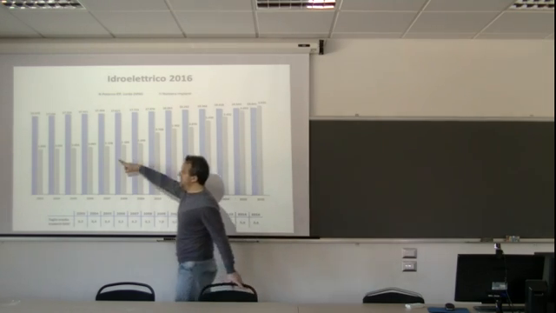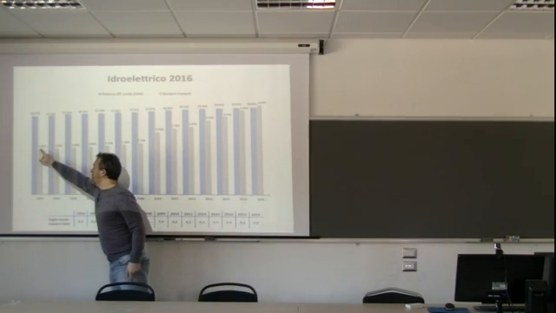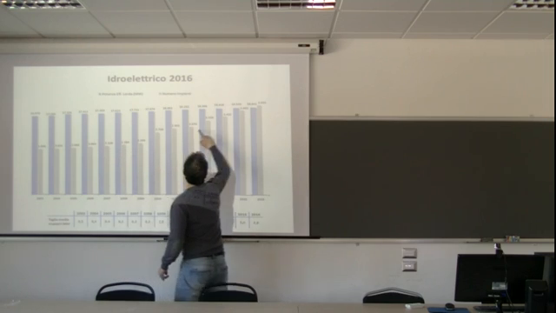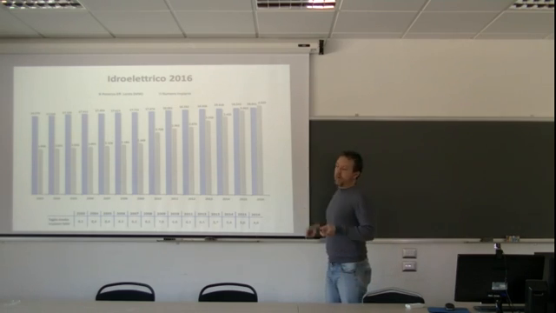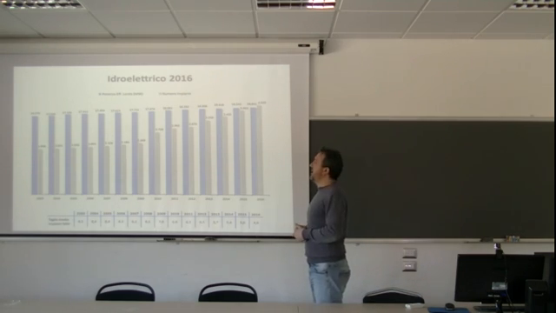But the number of plants in gray moved from 2,000 to nearly 4,000. So it means that we have a growth of very small plants, and this is the reason I told you some minutes ago.